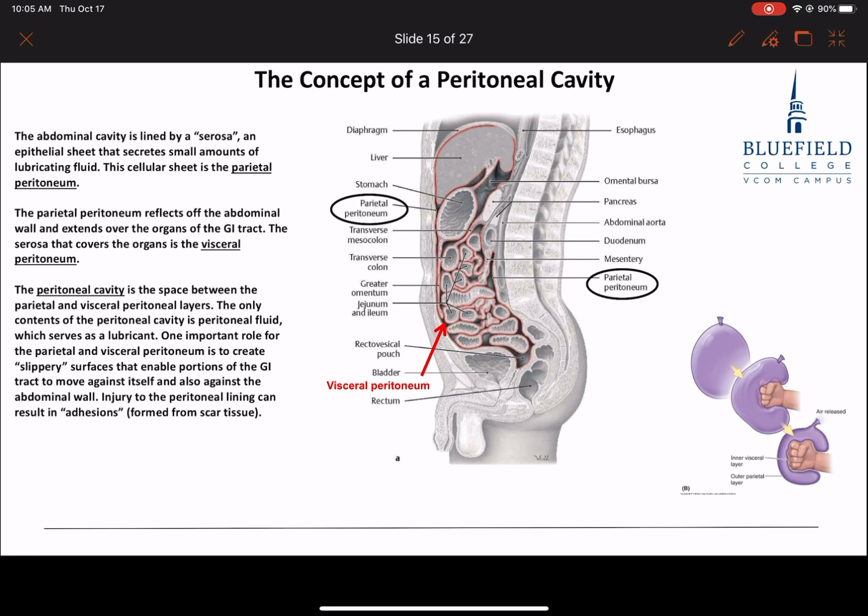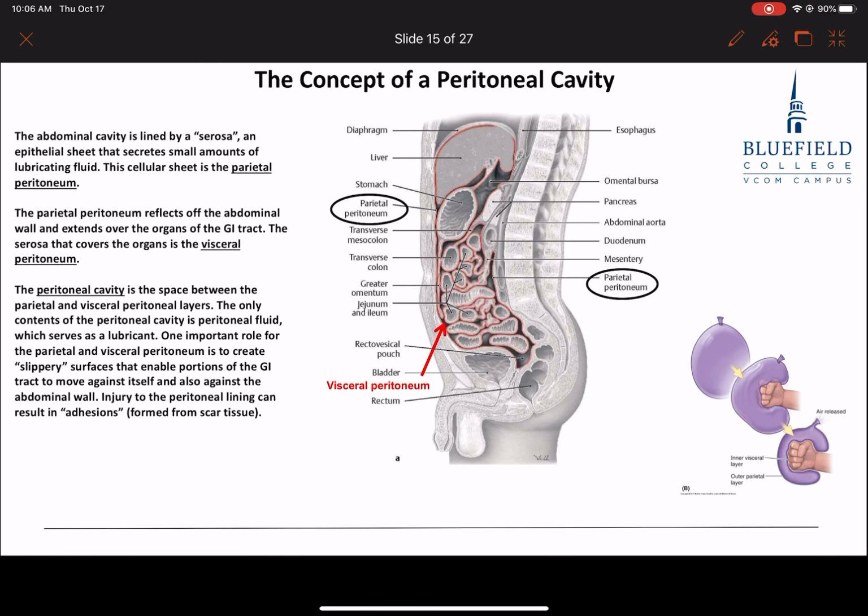And then the space, the inside of the balloon in the case of this little diagram, is the cavity. It's either like the pleural cavity for the lung, or in the case of the GI tract, we call it the peritoneal cavity. So that's the difference between the abdominal pelvic cavity, which is just this space, if you take all the GI tract and all the mesenteries out, and the peritoneal cavity.